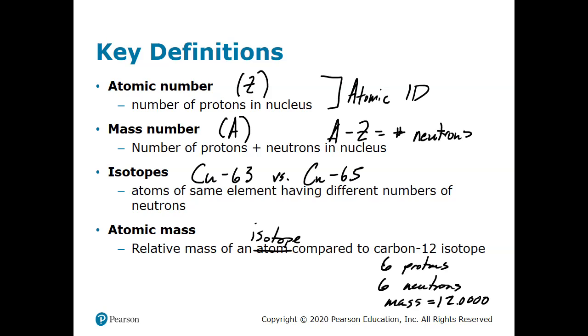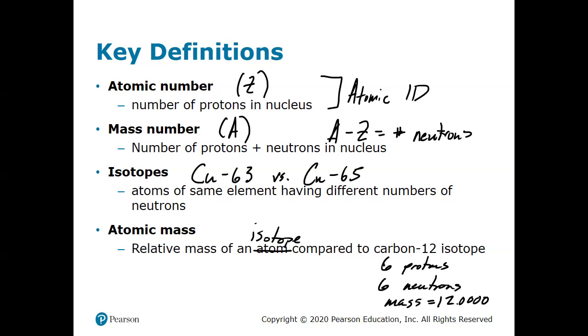Now, on the periodic tables that I gave you, the number at the bottom represents the atomic mass for a given element. That mass on that table is an average of all of the different isotopes that exist for that given element, weighted to their abundances.